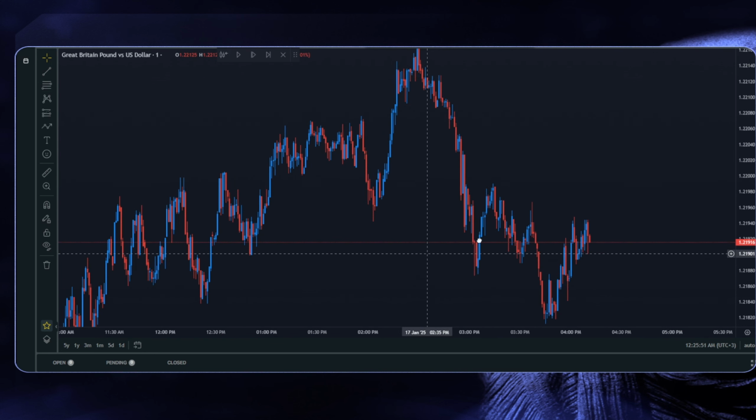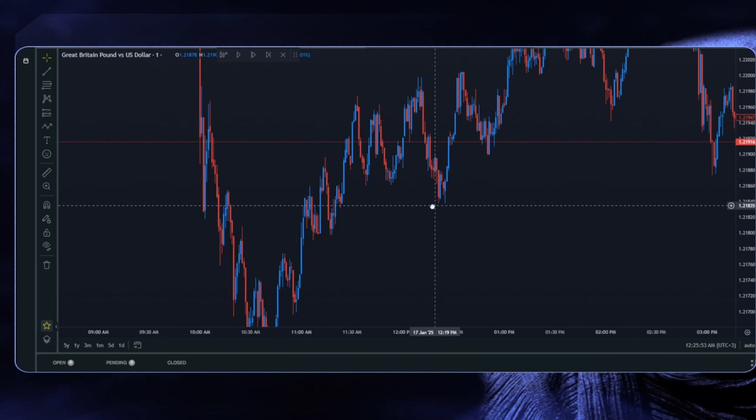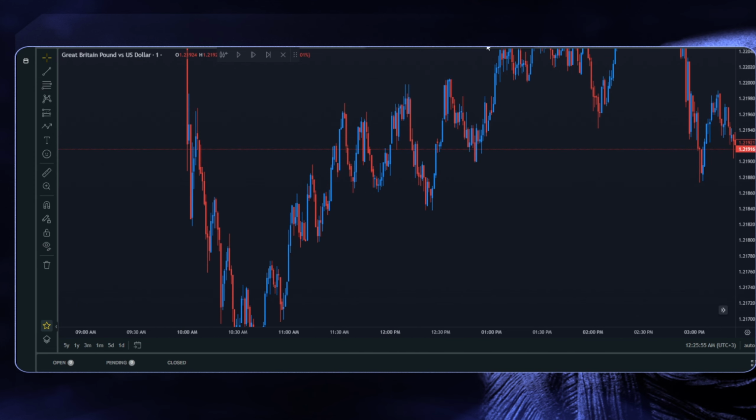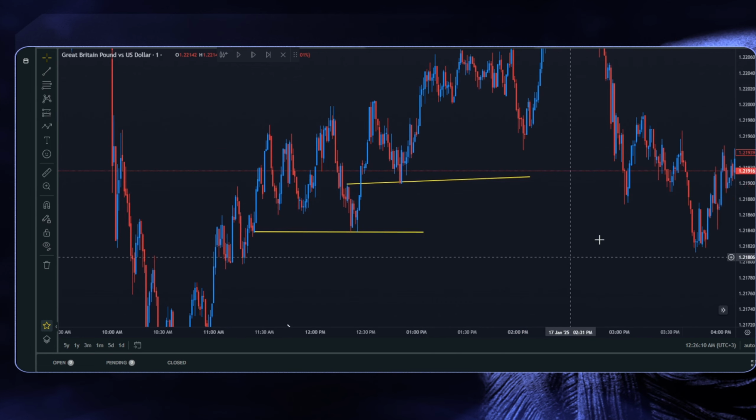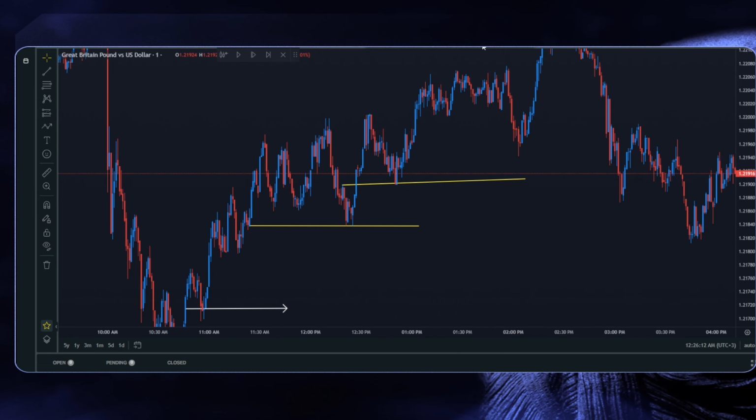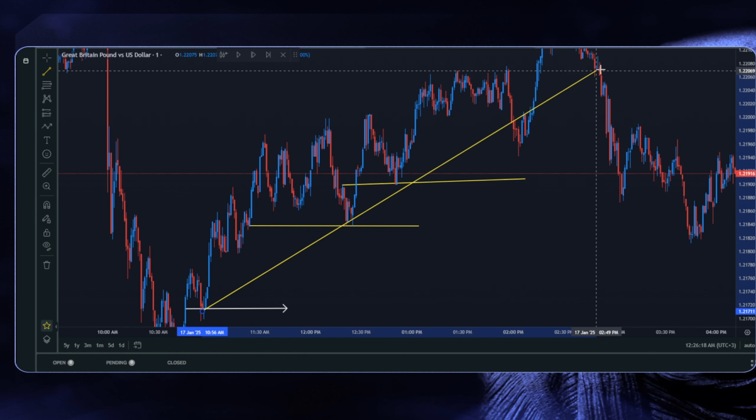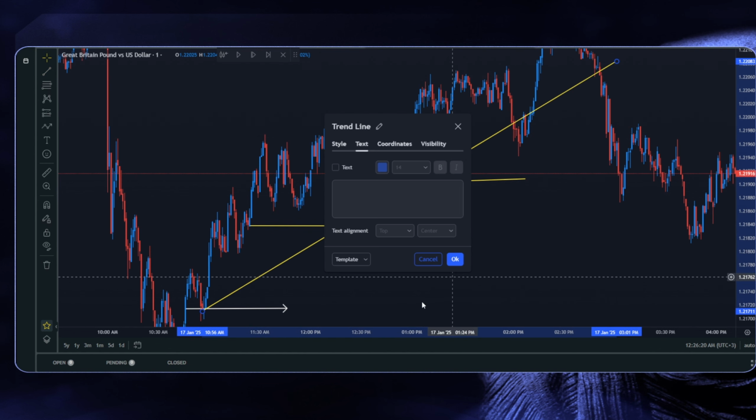So basing on this chart here, we have this low here, and that one, and this one. So we shall have our trend line: use this tool, get our trend line, and then connect those lows.